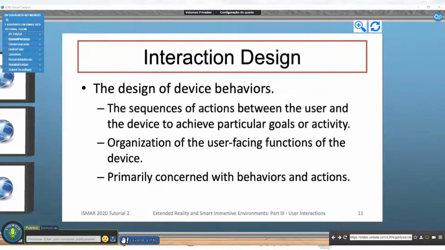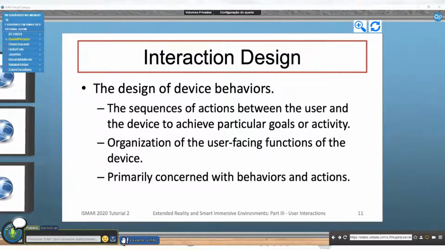So when we talk about interaction design, we are really talking about the design of device behavior. What we are looking at is a sequence of actions between the user and the device. And the sequence of actions then allows us to perform a certain action and therefore meet certain goals.